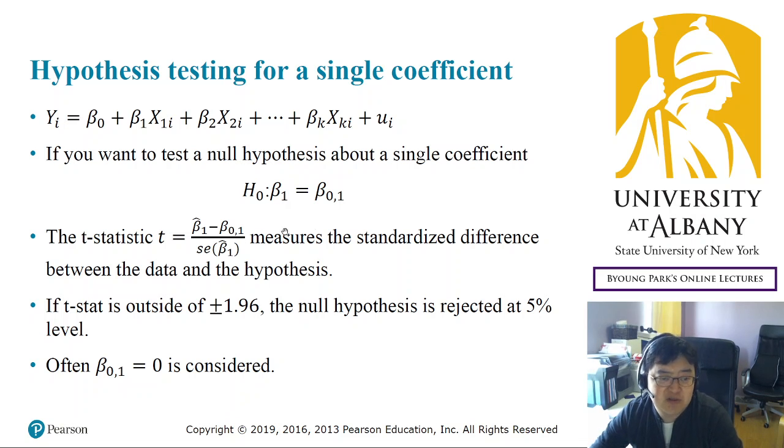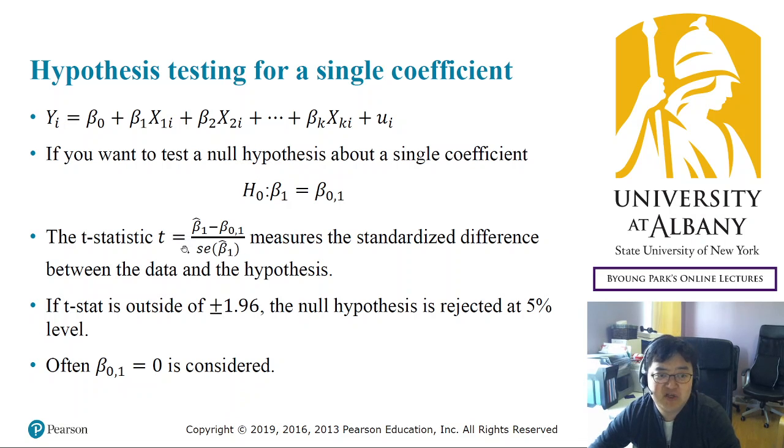This measures the standardized difference between the data and the hypothesis. Of course, if the difference is too large, then your hypothesis is likely to be wrong. But when the difference is small enough, then your hypothesis is consistent with the data.